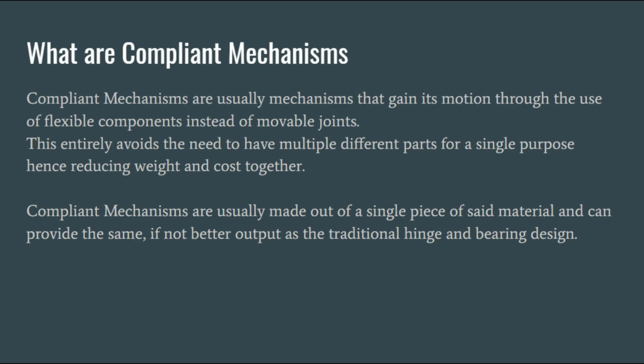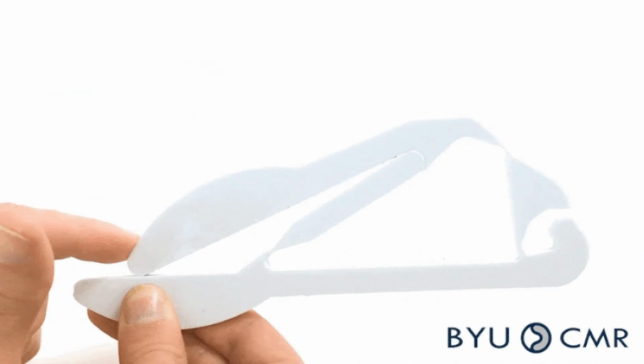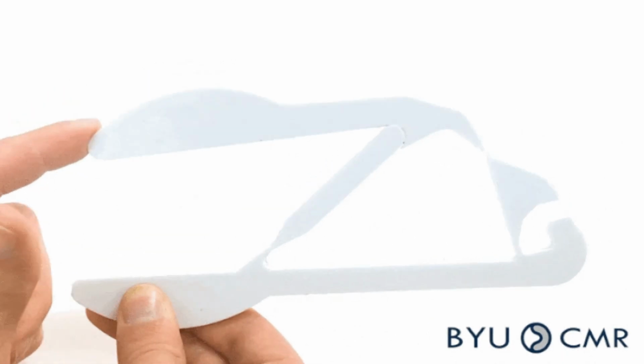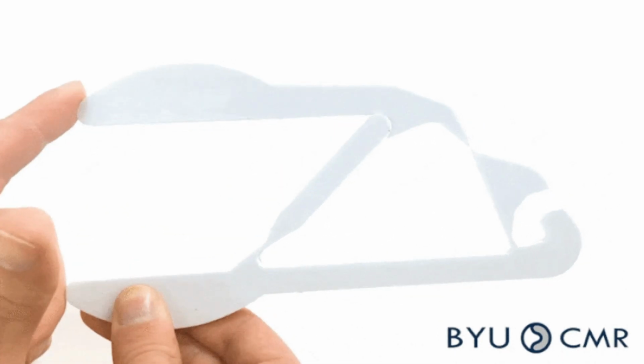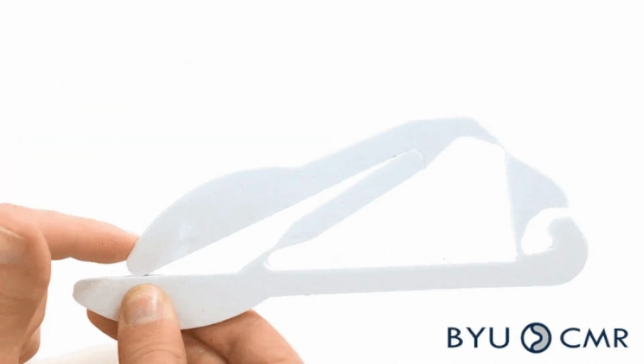These are usually made out of a single piece of said material and can provide the same if not better output as the traditional hinge and bearing design. This is a compliant plier mechanism, and some common devices that use compliant mechanisms are backpack latches, paper clips and nail clippers. One of the oldest examples of using compliant structures is the bow and arrow.